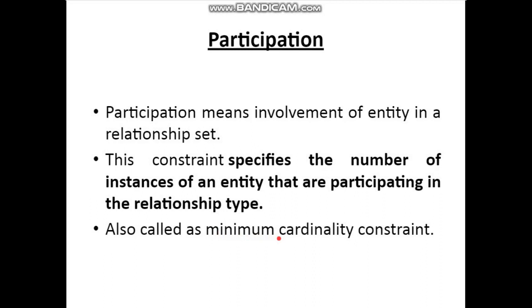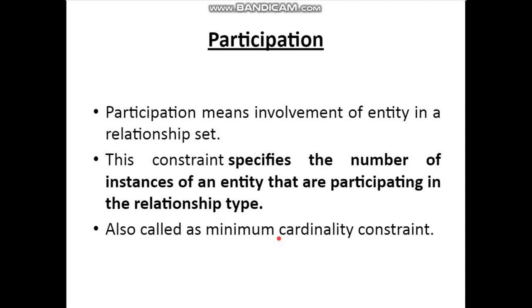So here I can say the meaning of participation as how many entities of your entity type participate in a relationship type. If I say T1, that is teacher, T1 instance or T1 entity of your entity type teacher teaches S1, that is student S1. So here I can say one teacher teaches one student, right?